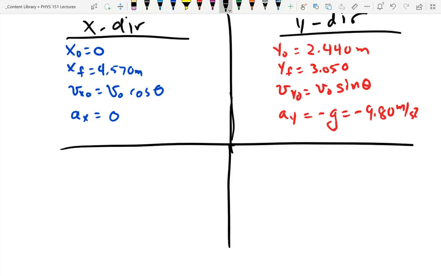I will go ahead and use the x direction to solve for time. Why did you choose those? I'm going to do both of them, but both of them are going to have time unknown and theta unknown. So both x direction and y direction are going to have two unknowns. And x direction is the simpler one.